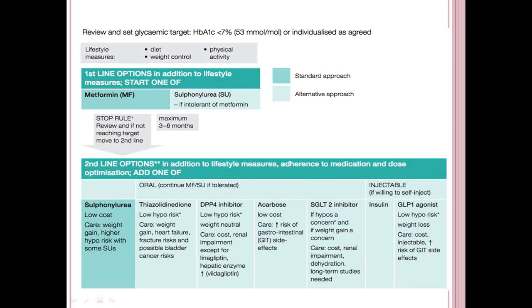And yes, there are cost implications to that, but there are clear patient-led reasons why you might choose that class compared to a sulfonylurea. We also embedded the SGLT2s as an appropriate class to consider second line.